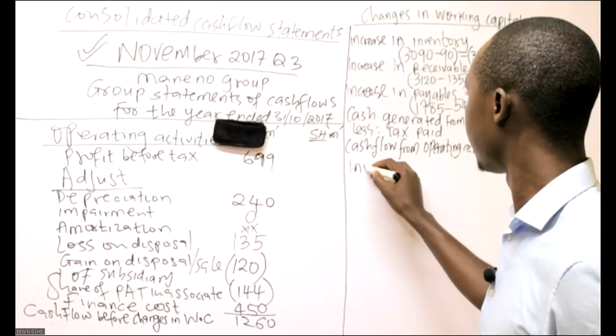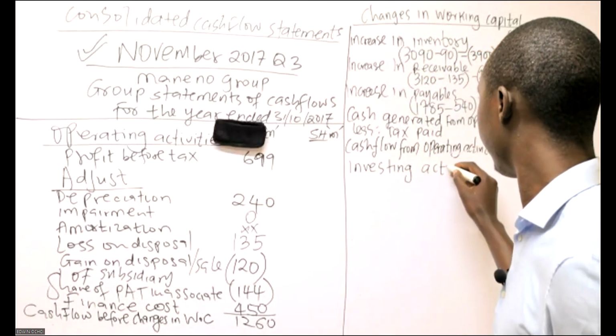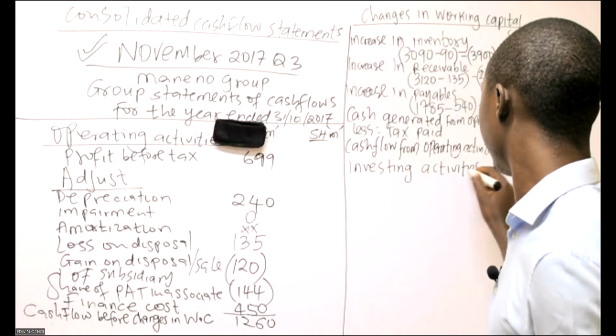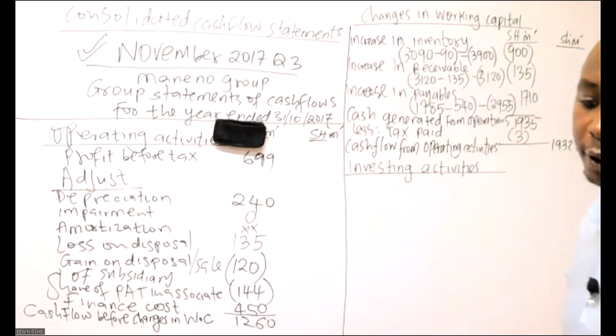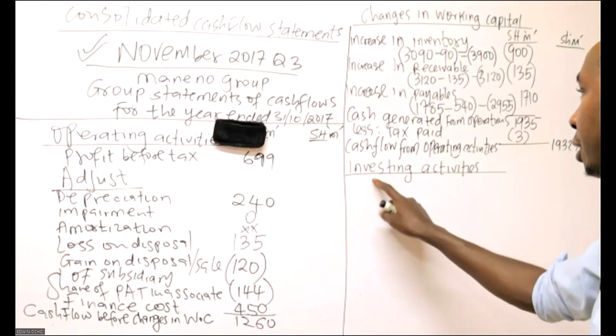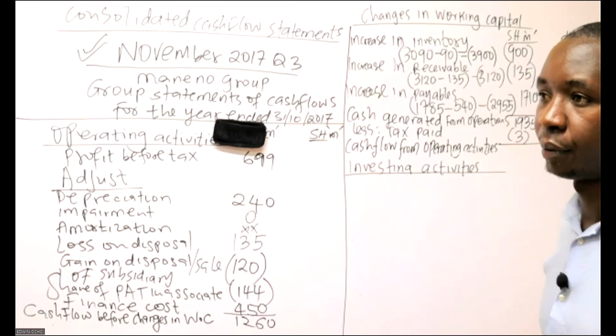So I'll continue with investing activities. Investing is not difficult because what I will be checking is just around 4 items.